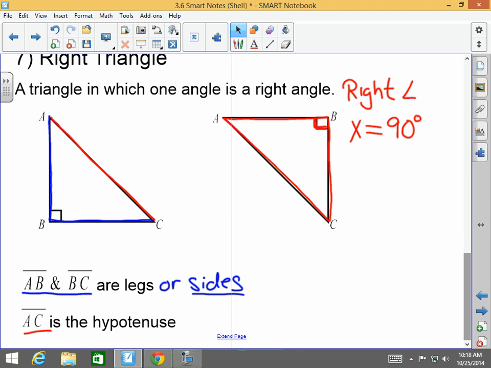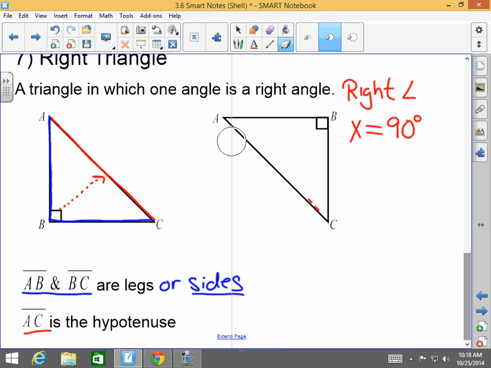But tomorrow, how do you know the difference? Well, very simple. The hypotenuse, similar to the base of an isosceles triangle, remember that the base is exactly opposite of the vertex? Well, AC is always the side exactly opposite from the right angle.